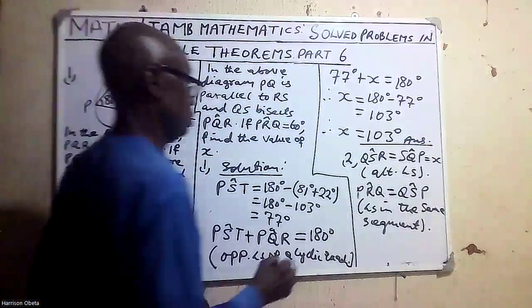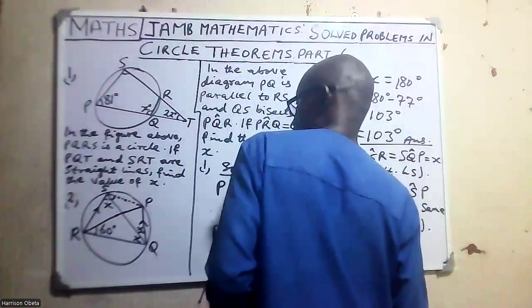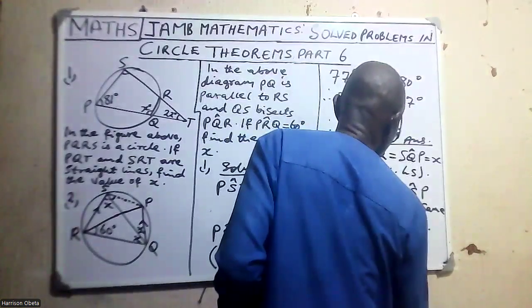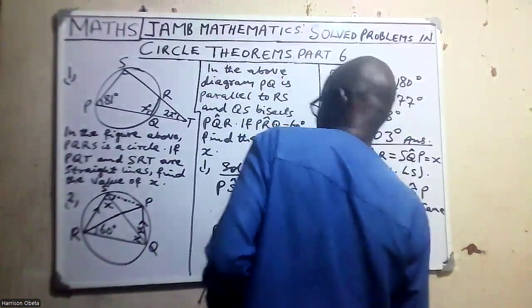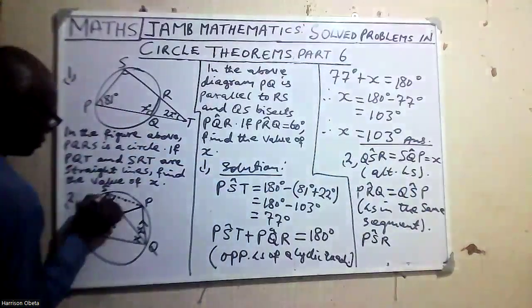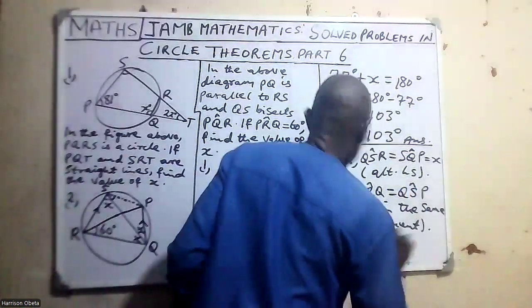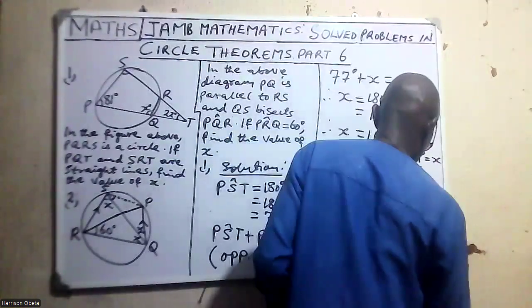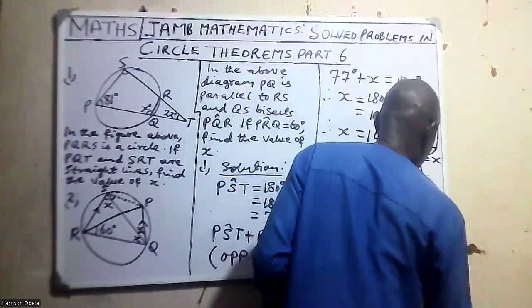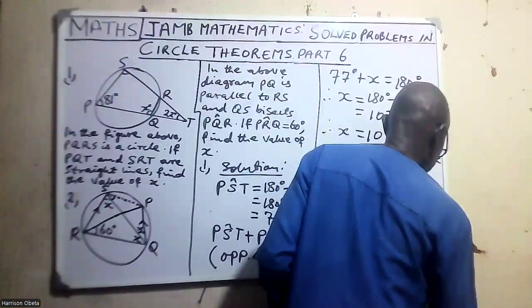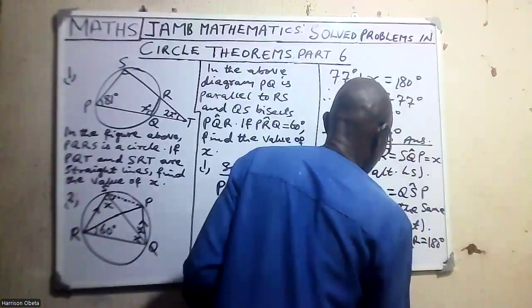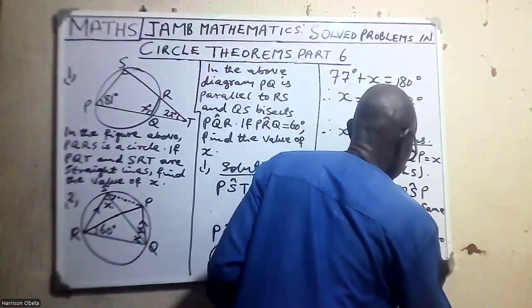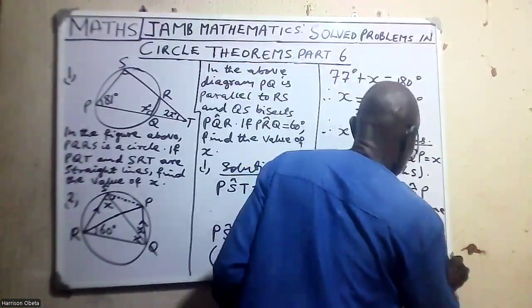In other words, we are saying that PSR, that is the whole of this angle, plus PQR is equal to 180 degrees. Opposite angles of a cyclic quadrilateral.